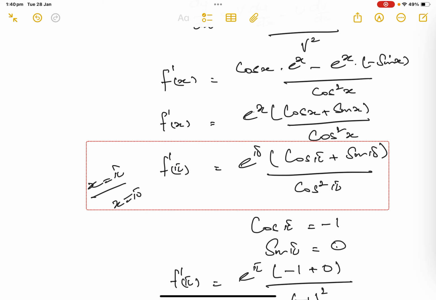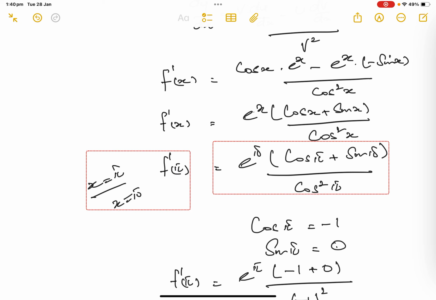So x equals pi. If you substitute pi for x, f dash pi equals e to the power of pi times (cos pi plus sin pi) divided by cos squared pi.